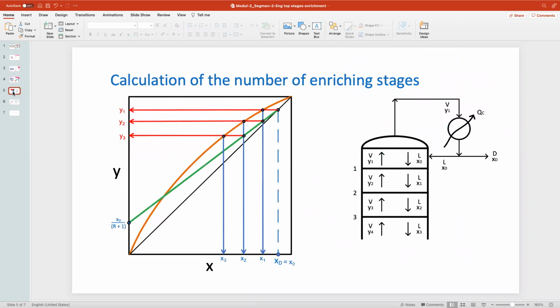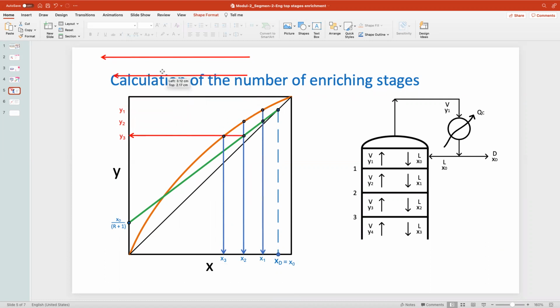So that means now, how to calculate the number of enriching stages. How to calculate the number of enriching stages. I think I have to maybe put it there somewhere. Okay, here's the thing.